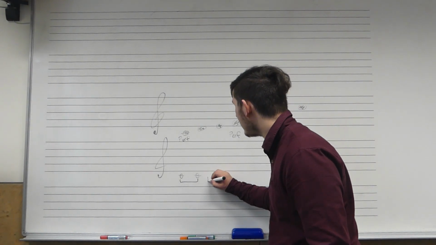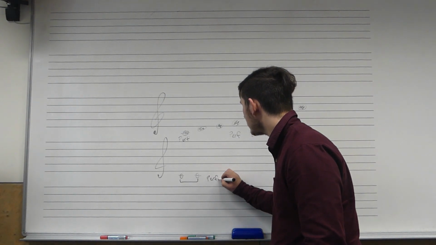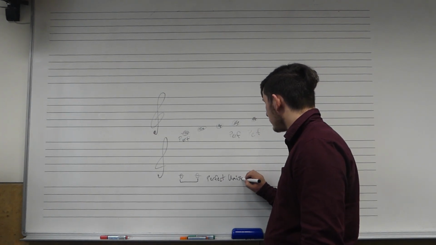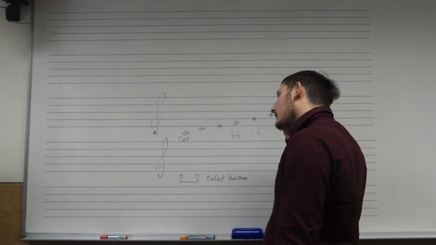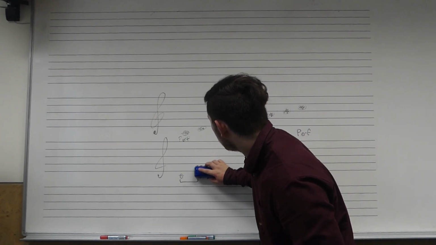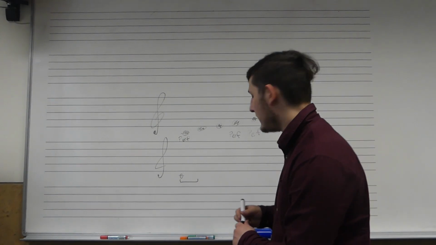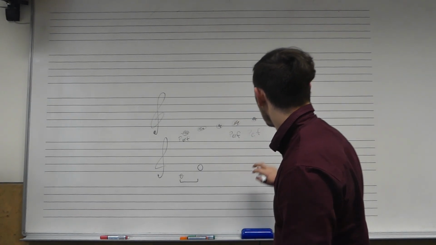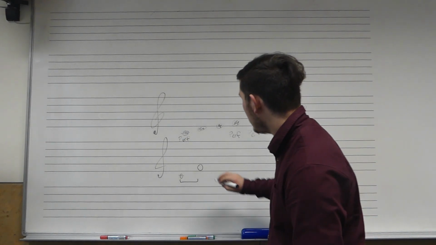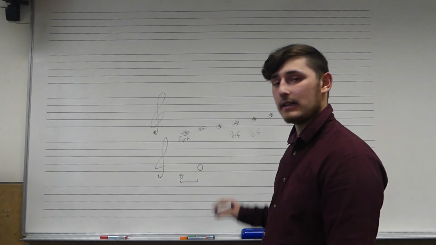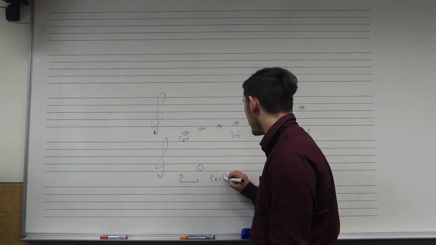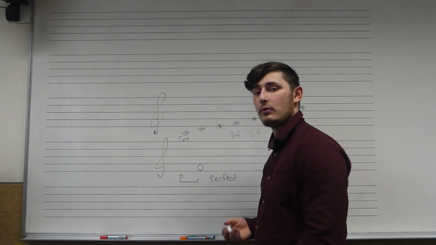So here we have a perfect unison. Now, if we have a C and an F, which here we have an F, we also have some sort of a perfect interval.